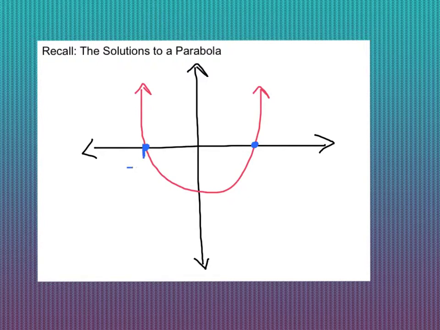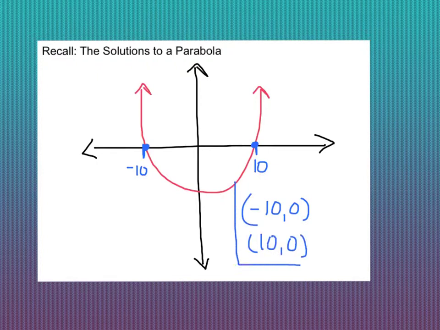We could call this negative 10, and this could be positive 10 here. So if those are our solutions, then our final answer for this parabola would be negative 10, 0 as one solution, and our second solution is 10, 0. For all examples and for all problems when solving a quadratic, this is how you need to represent your solutions. And we'll be doing that on the next couple of examples.